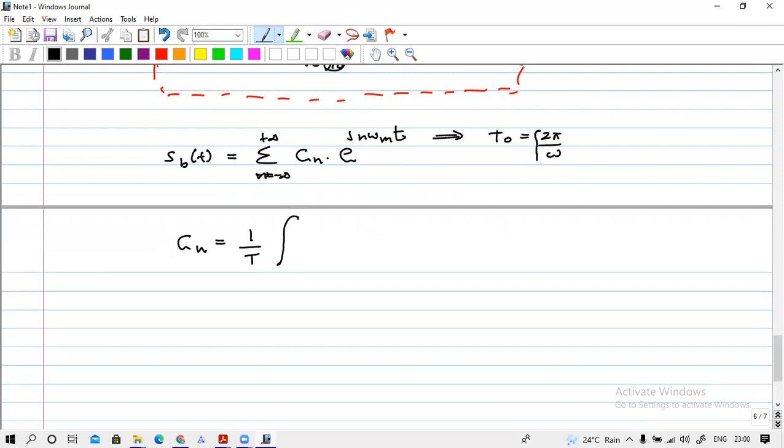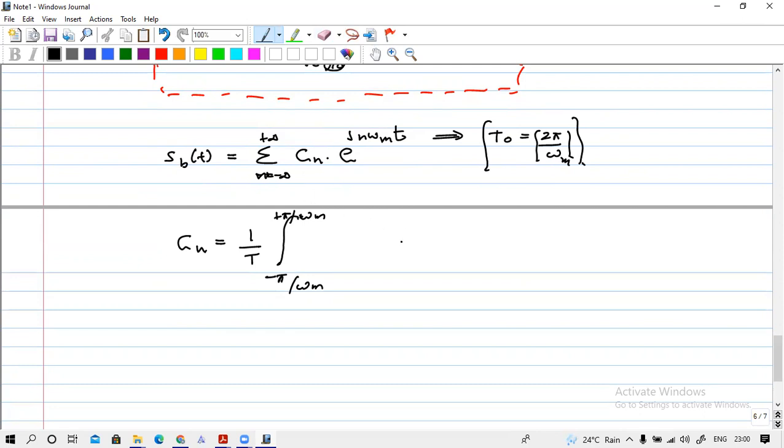Here the period T naught is 2 pi by omega m. So I use the limits minus pi by omega m and plus pi by omega m. It is correct, no? So I select my limits as minus pi by omega m to plus pi by omega m, so that I integrate within one fundamental period.